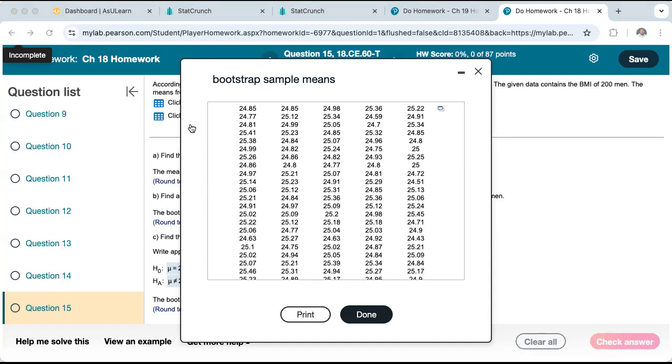What I did was this minus the sample mean plus the hypothesized mean. It means that I added negative 0.18 to all these values to get this. Is that okay? So you added negative 0.18 to this to get that. Is that okay?